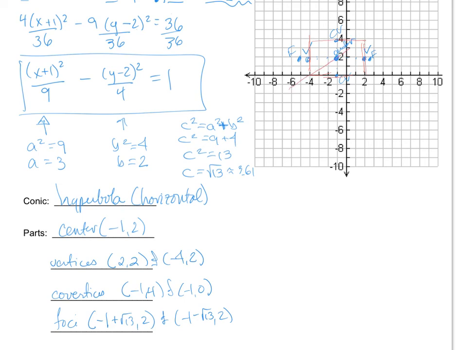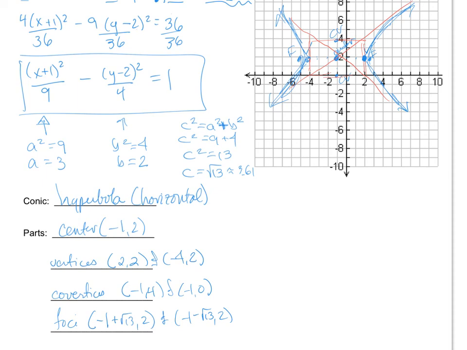I can draw my asymptotes passing through the diagonal of that rectangle, and then I can actually draw my hyperbola. So what is my hyperbola going to look like? It starts at my vertex and hugs the asymptotes. There's one branch, and there's the other branch. So I have my hyperbola now.